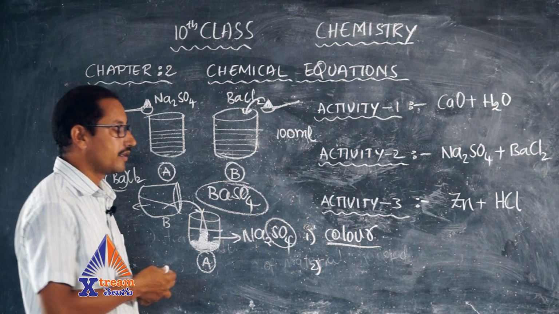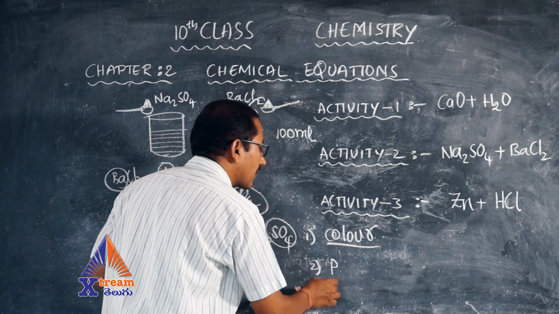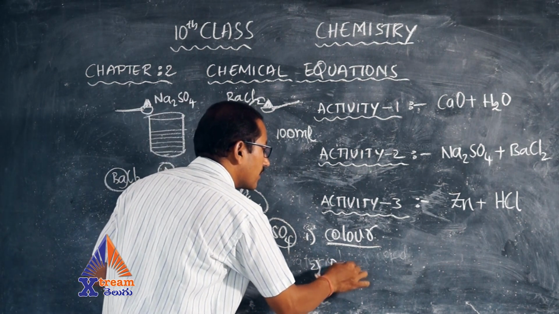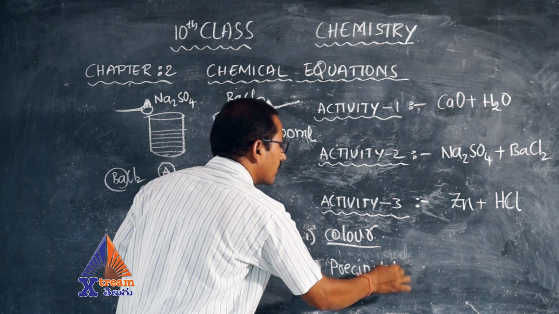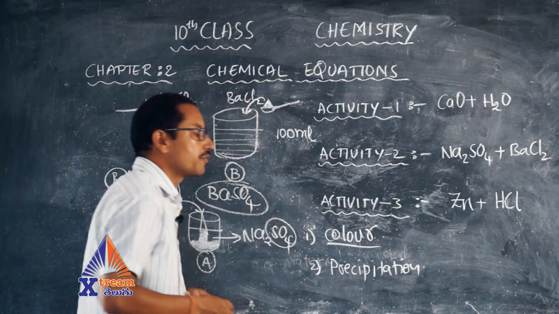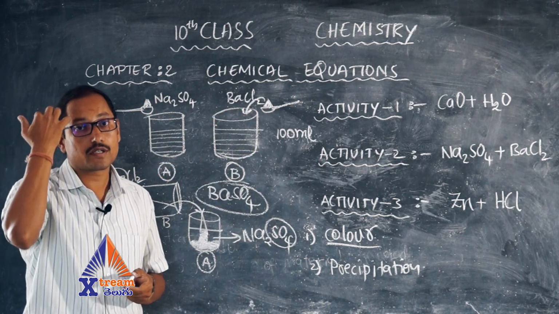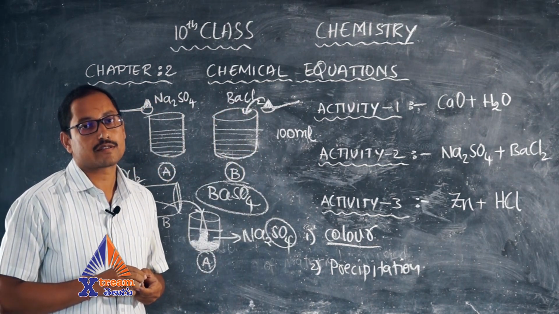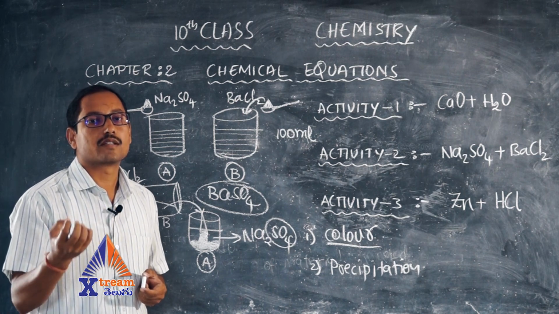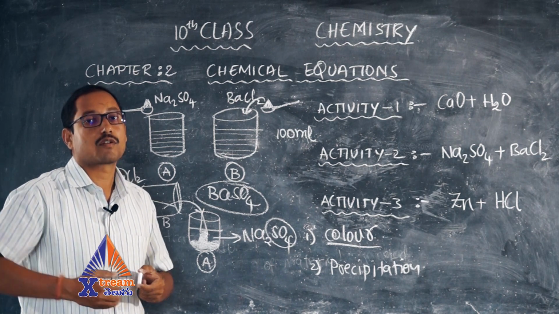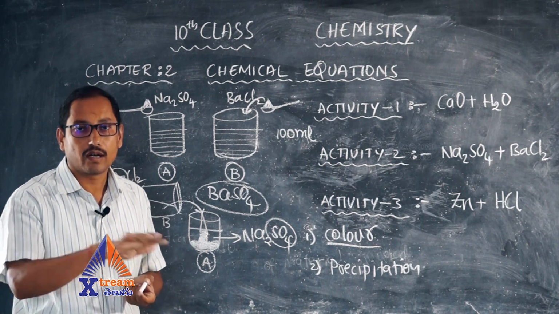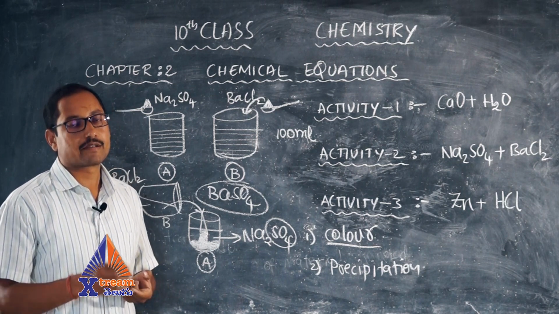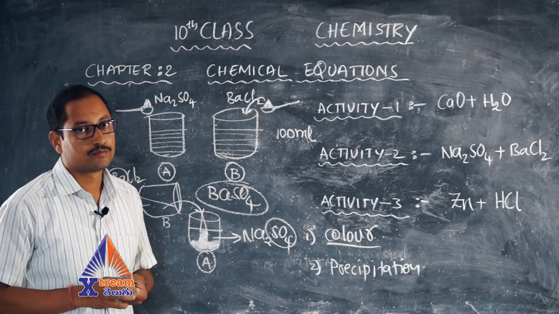Second, the important conclusion that can be drawn is the formation of precipitate. What is the meaning of precipitation? The solid particles, which are heavy and not soluble in that particular solution, will come down and settle at the bottom of the beaker. This is called precipitation.